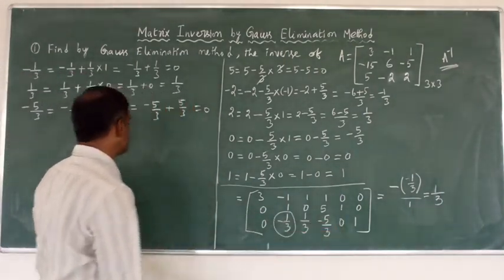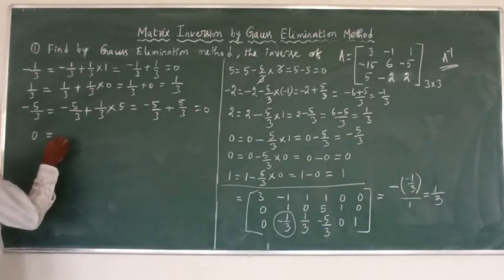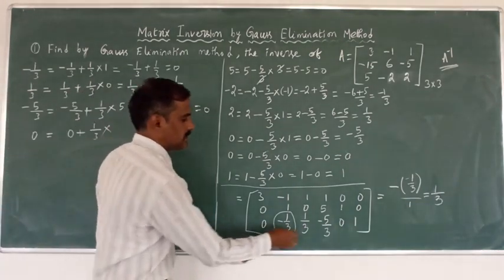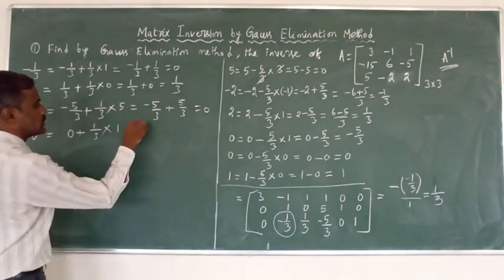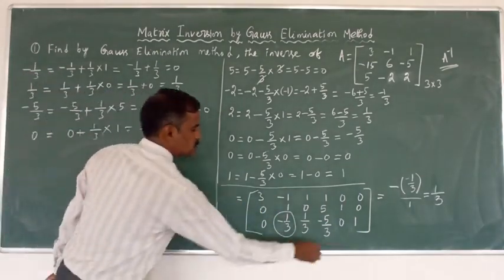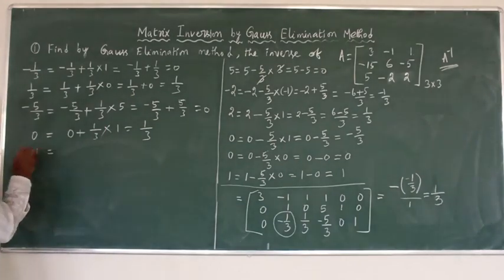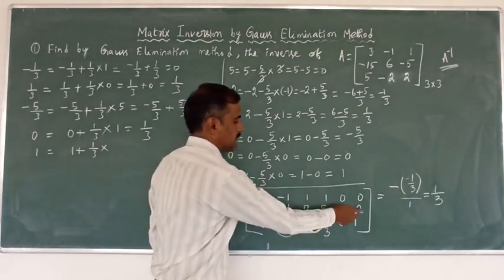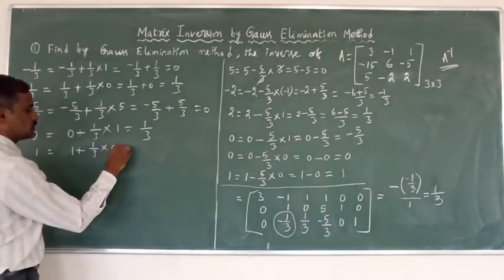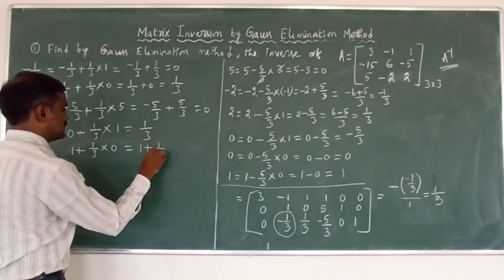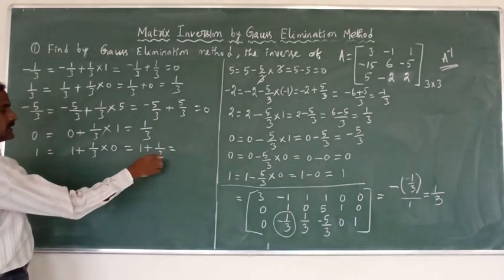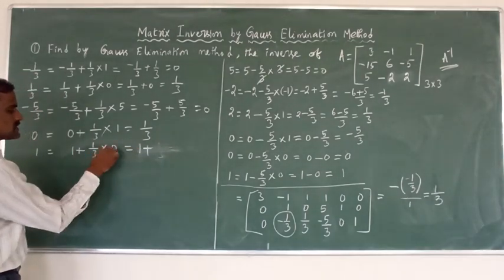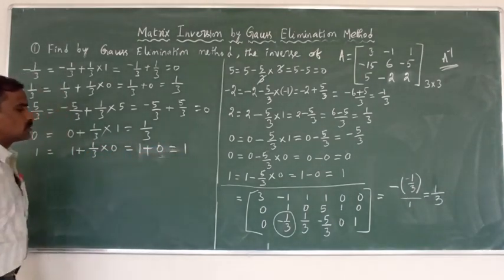Next, 0 equals 0 plus 1 by 3 into corresponding value 1 equals 1 by 3. Next, 1 equals 1 plus 1 by 3 into corresponding R value 0 equals 1 by 3. We can, 1 plus, this is for 0, equals 1.